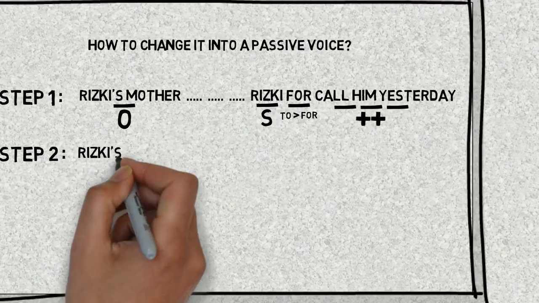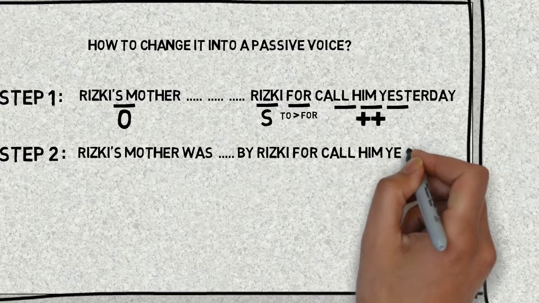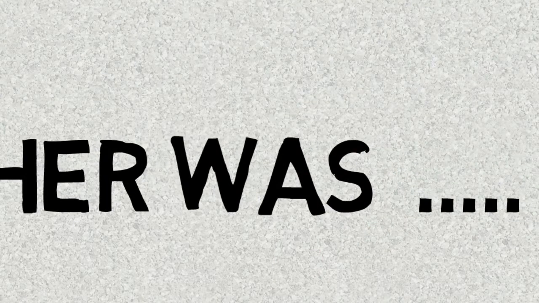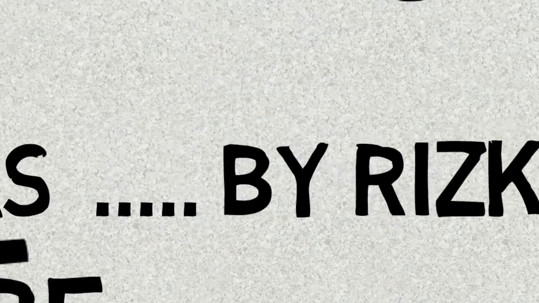Step 2: Rizky's mother was blah blah blah by Rizky for call him yesterday. Add was after the object as the to be, and by before the subject.